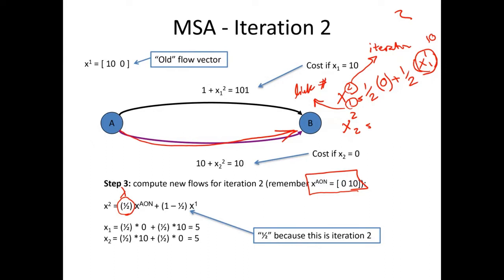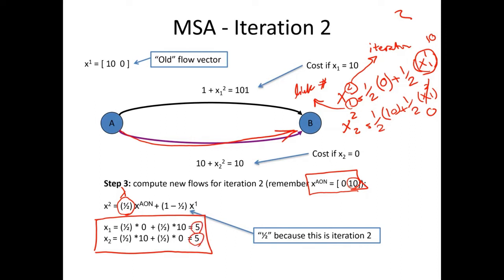If we do the same thing for the other link, it would be half of the all or nothing volume, which is 10, plus half of x21. What was the volume from the previous iteration? This was 0, right? So we find that we switch half of the people from one path to the other path. So it would be now 5 versus 5.